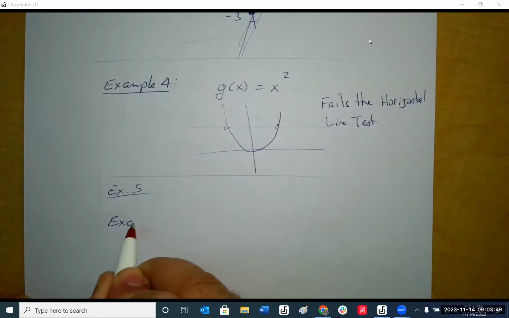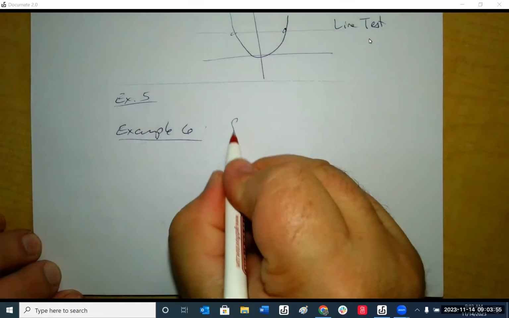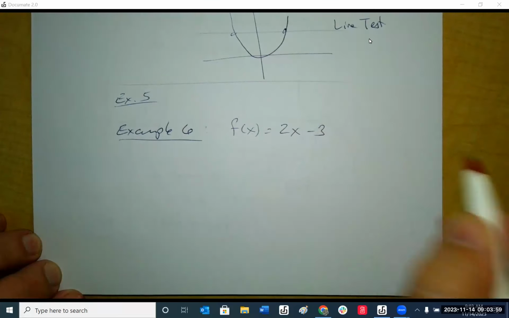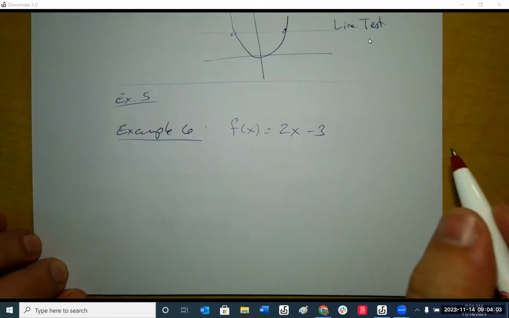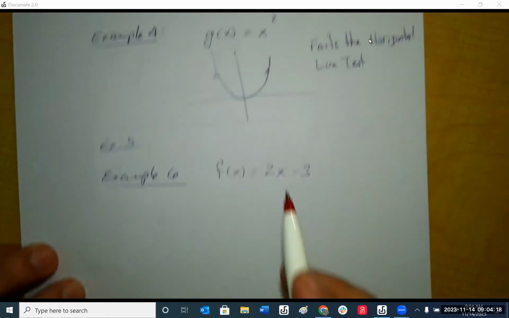Example 6. Determine whether the function f of x equals 2x minus 3 is 1-to-1 and find its formula. Okay, here's another way of finding if it's 1-to-1. Graphing is one thing, but that takes a lot of time. Will it have an inverse? Well, we could find an inverse.